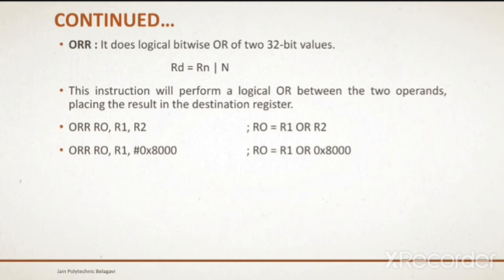ORR R0, R1, #0x800. In this, R1 is ORed with the immediate value and then the result is stored into R0. Next is ORR R0, R2, R3 LSL #1. In this, R3 is left shifted by one position, then that is ORed with R2 and then the result is stored in R0.